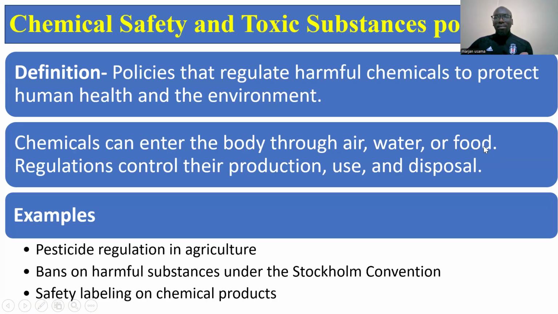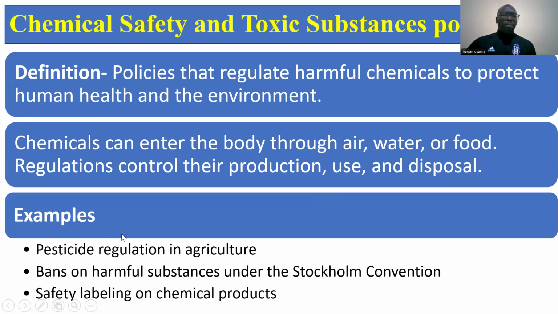Sometimes we can drink toxic liquids, and eat foods that are contaminated or poisonous, or food that has expired. So regulation controls their production, use, and disposal. How do we produce these chemicals? How do we use them? And how do we dispose of them?